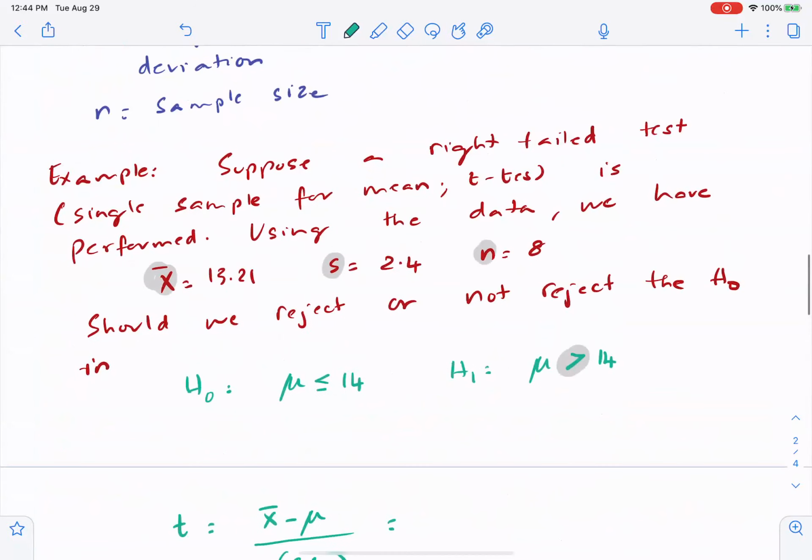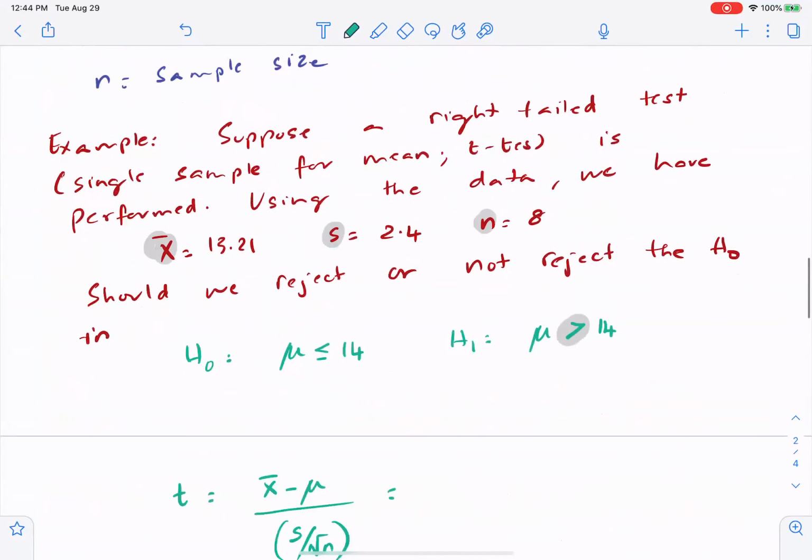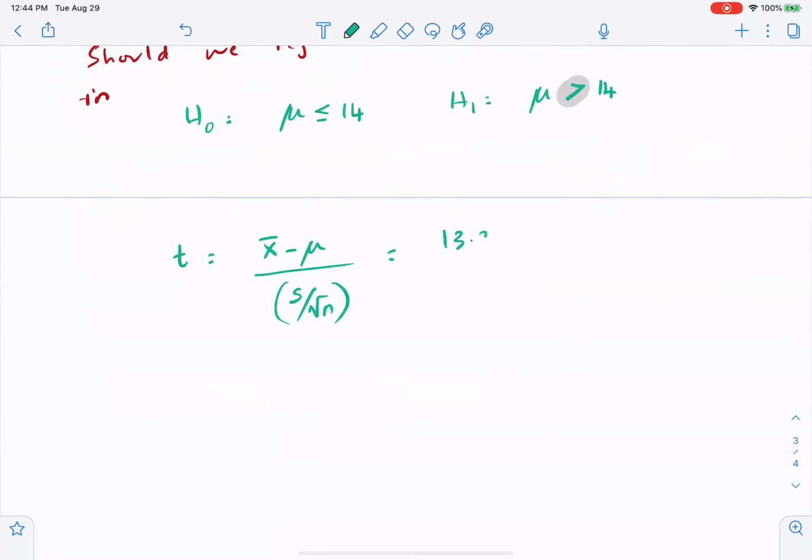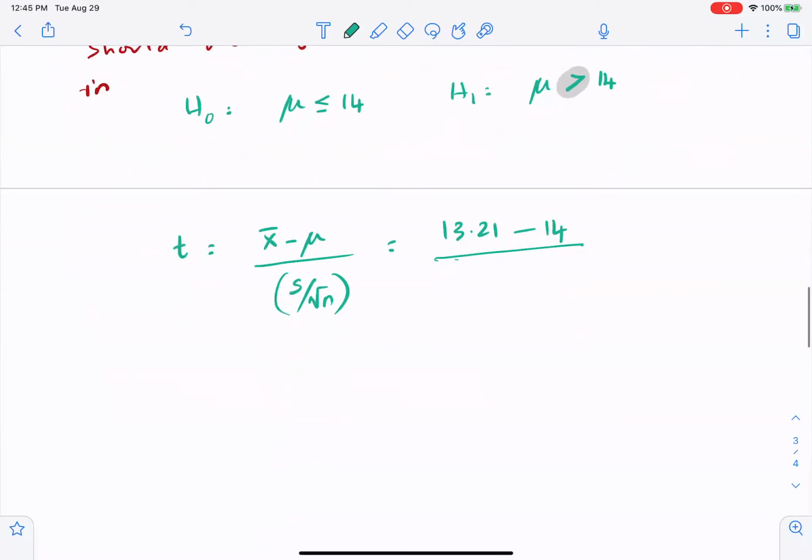We know what x bar is, 13.21. We know what mu is, 14. Divided by s, 2.4. N is 8, therefore square root of 8. When you put it in the calculator, make sure you use parentheses. Don't type it directly without parentheses. You will get the wrong answer.